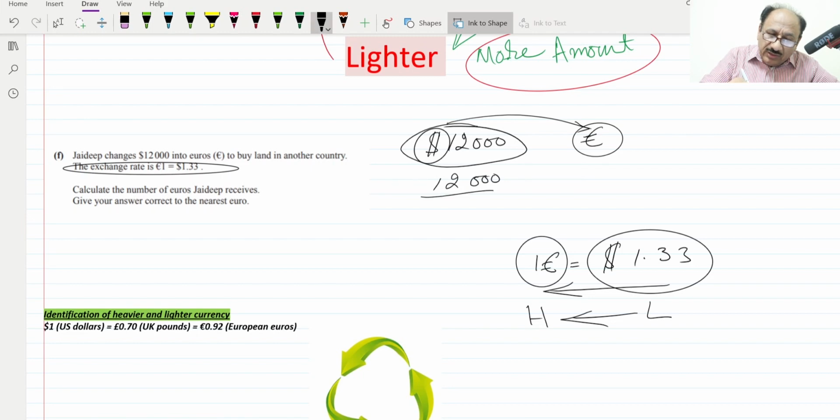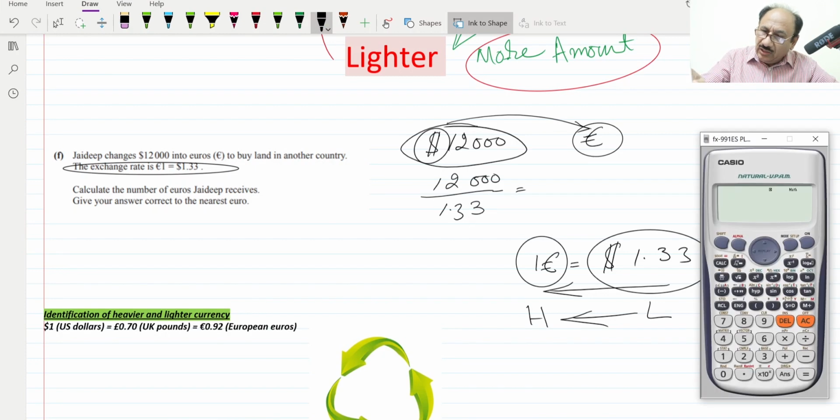So we will divide by 1.33, because we should get a smaller answer. So with the calculator, 12,000 divided by 1.33 will result in 9022.5, so 9023.